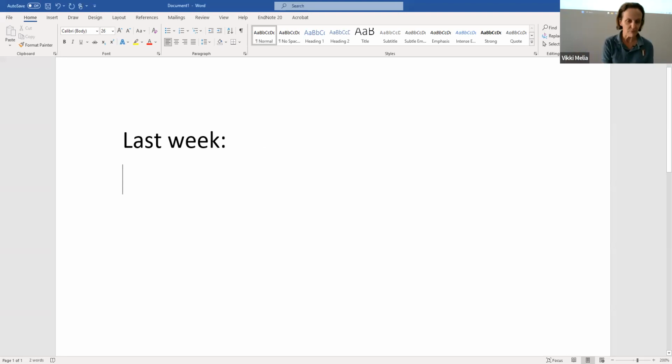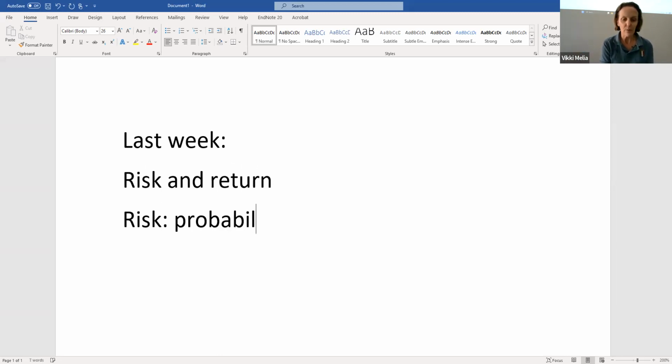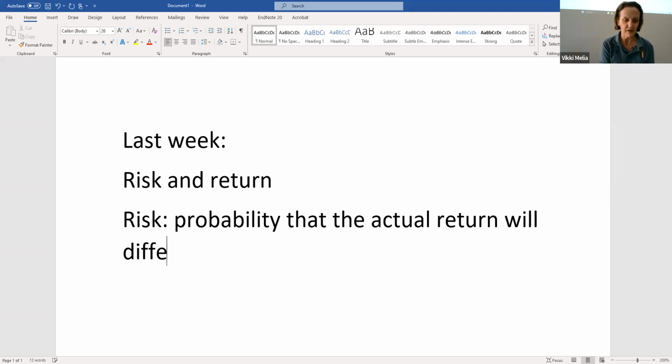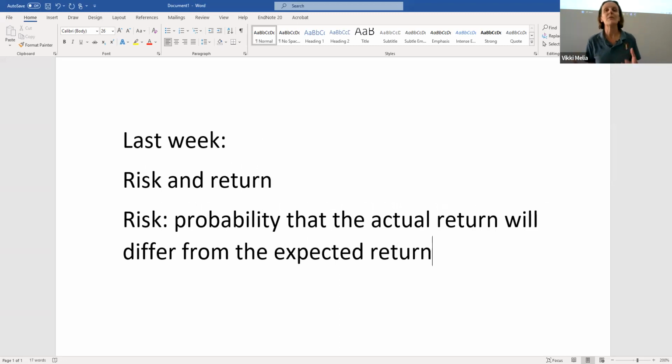So we talked about risk and return last week. Risk refers to the probability that the actual return will differ from the expected return. That's what we mean by risk. What's the chance that the actual return you get is going to be different from the return you're expecting?